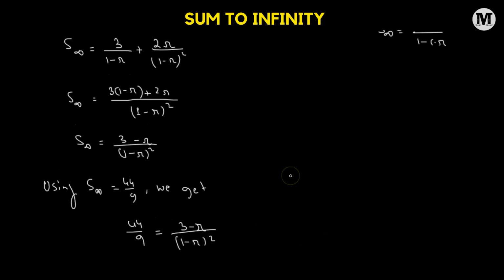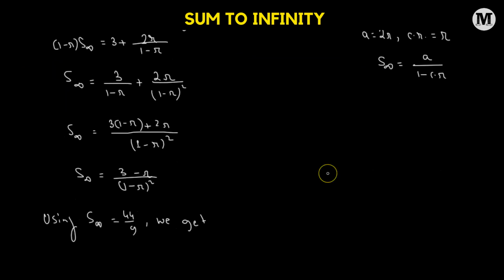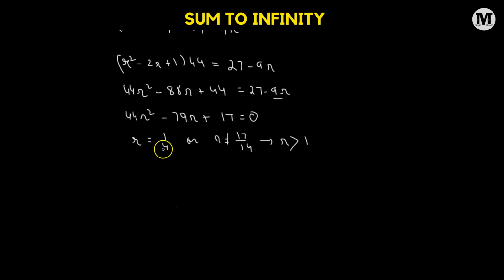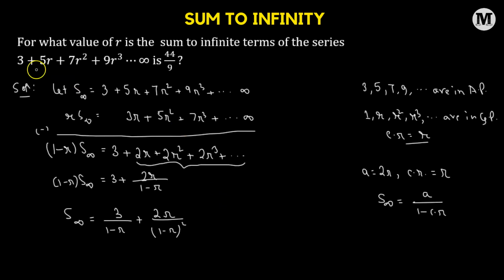But in the problem, the sum to infinite terms is giving us a finite value of 44 over 9. That is only possible if the absolute value of R is less than 1. So only one of the values is less than 1. Thus the value of R must be equal to 1 over 4 such that the sum up to an infinite number of terms for the given infinite series comes out to be 44 over 9.